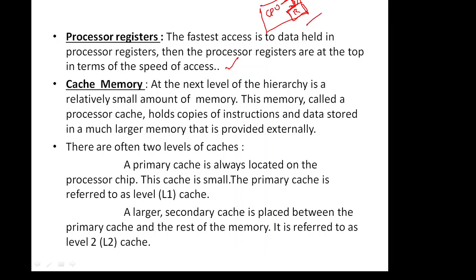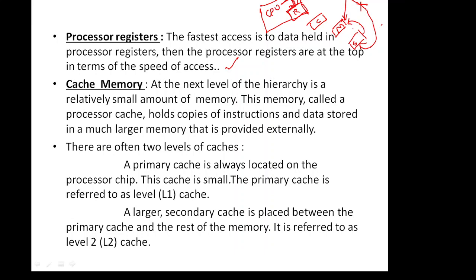If not there in registers, it has to check in cache. If not there in cache, it has to check in main memory. If not there in main memory, then we have to get the data from secondary memory to main memory. But the CPU can't contact the secondary memory directly. That concept we will study later. Fine. The CPU will contact only the main memory but not the secondary memory.